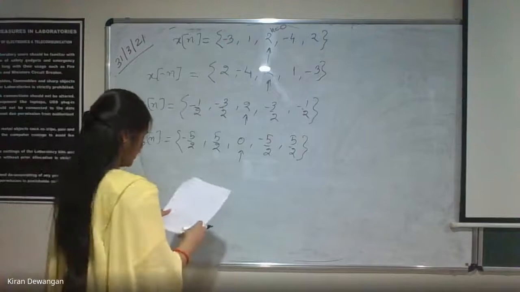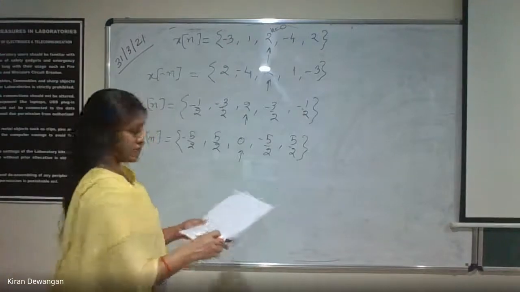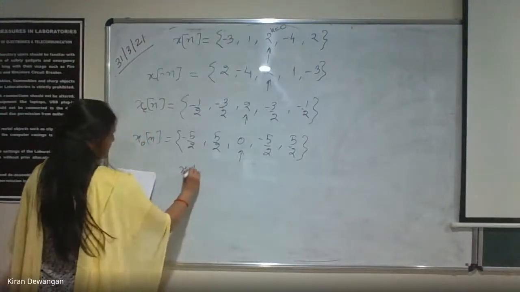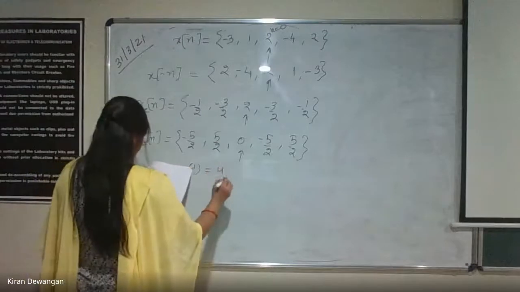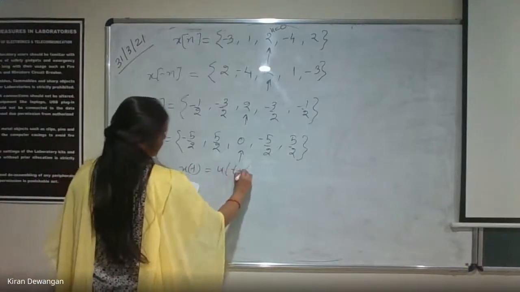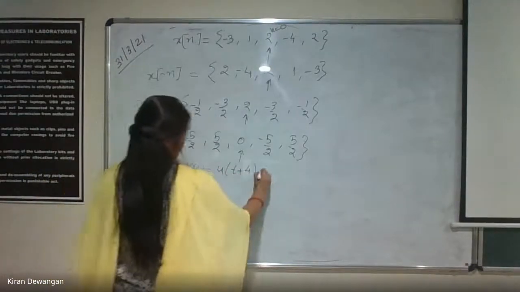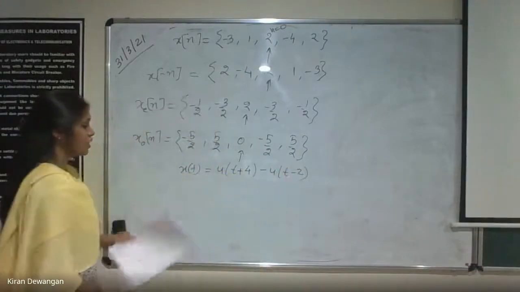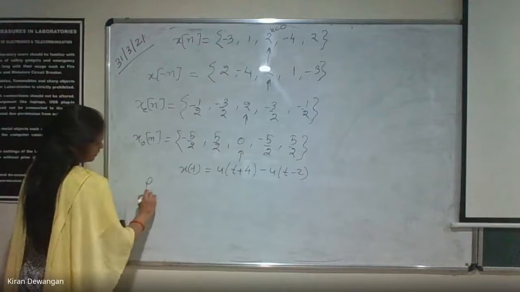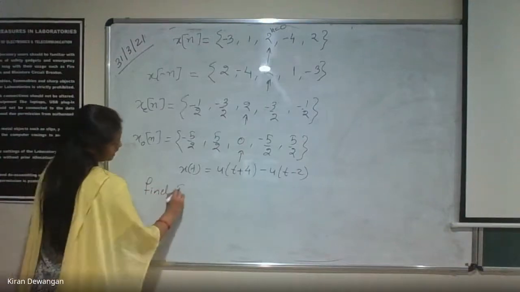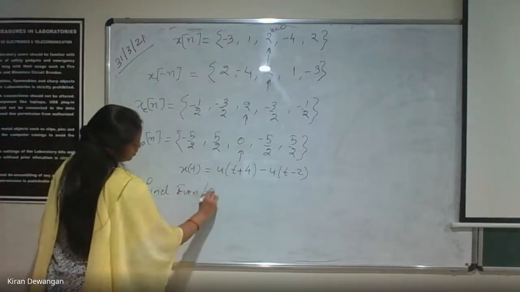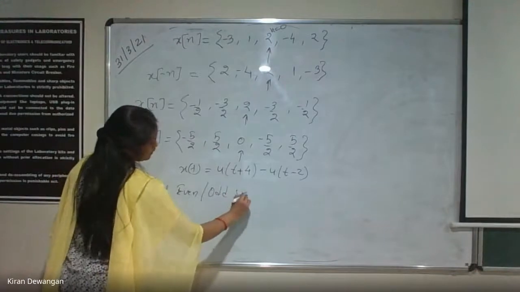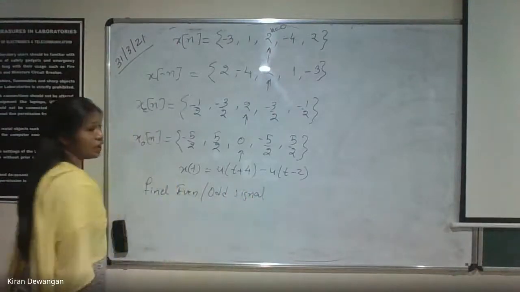Find whether the signal is an even or odd signal for x of t equals u of t plus 4 minus u of t minus 2. For this signal, find whether the signal is an even or odd signal. कैसे निकालोगे?